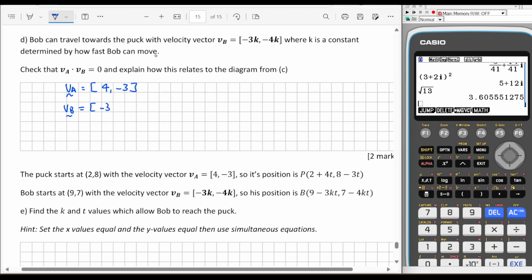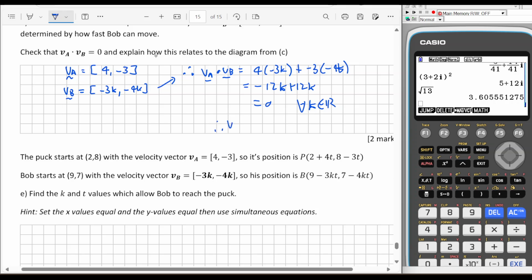VB is minus 3K and minus 4K. Therefore, VA dotted with VB is 4 times minus 3K and minus 3 times minus 4K, which is minus 12K plus 12K, which is 0 no matter what K is. So 0 for all K in R.